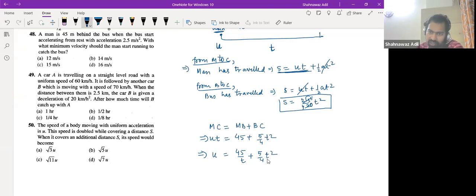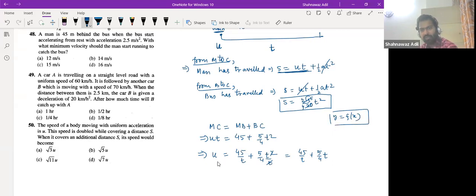Now divide by t. So this t cancels and you have 45 by t plus 5 by 4 t. So now you have this y, which is a function of x. So now you have to find the minimum U value.